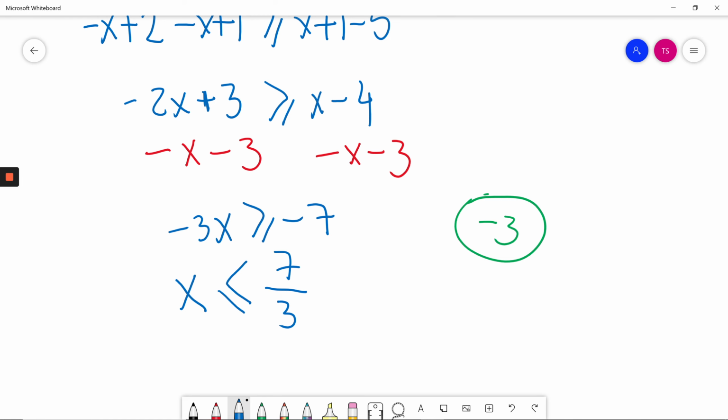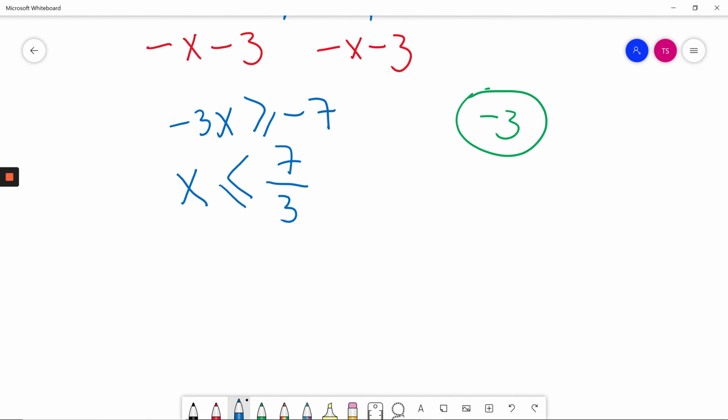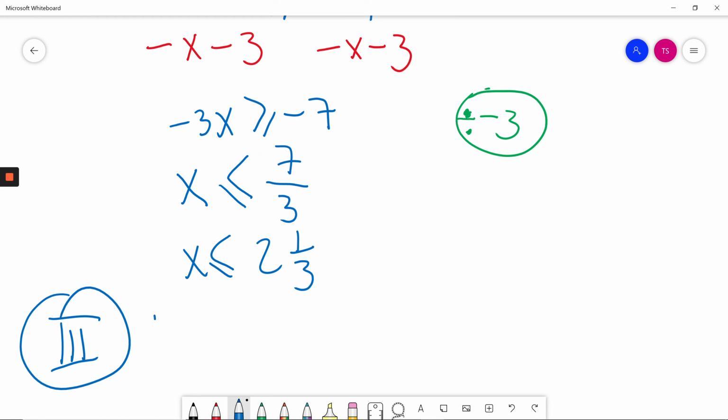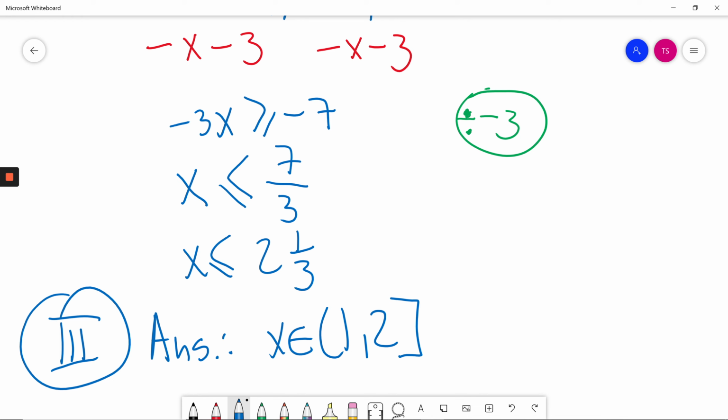I need to remember to change the inequality sign when I divide by negative or when I times by negative. So x is less or equal to 7/3, which is 2 1/3. So the interval 3 answer, x belongs to 1 to 2 closed.